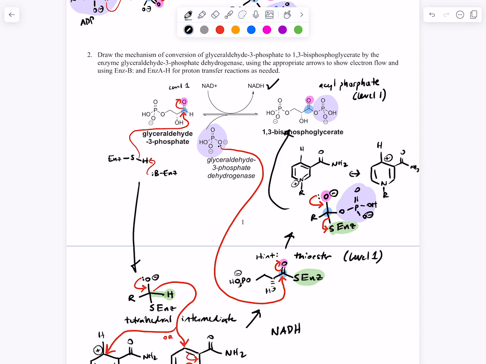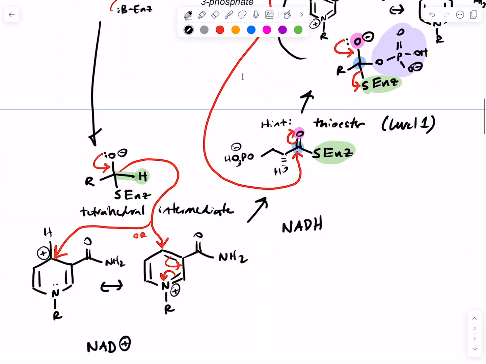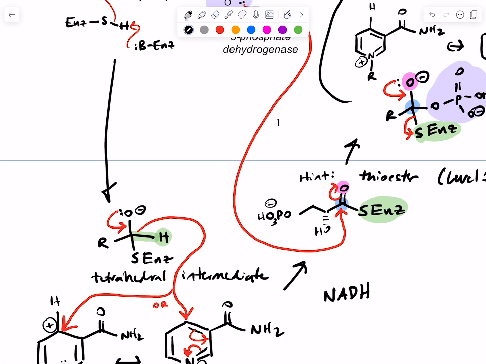All right, questions there? Yeah, what's the rule about hydrides leaving? Hydrides never leave unless there's something there to catch them. What needs to be there to catch it? NAD+, something that can accept electrons and hydrogen. Some of you, once you saw that the hydride needed to leave, defaulted to the only thing you could remember about how to get rid of a hydrogen, and that was something like this.